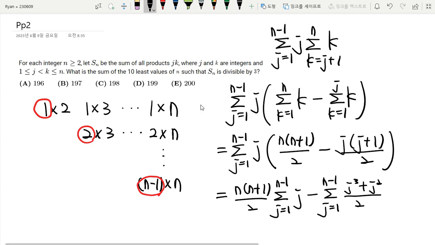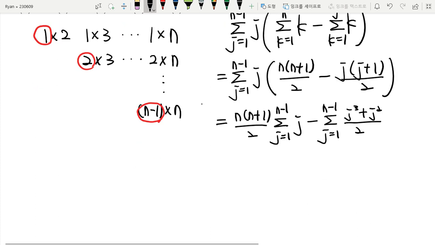That's the opening of the parenthesis. And for this sigma notation, because it's added to n minus 1 instead of n, the formula slightly changes.